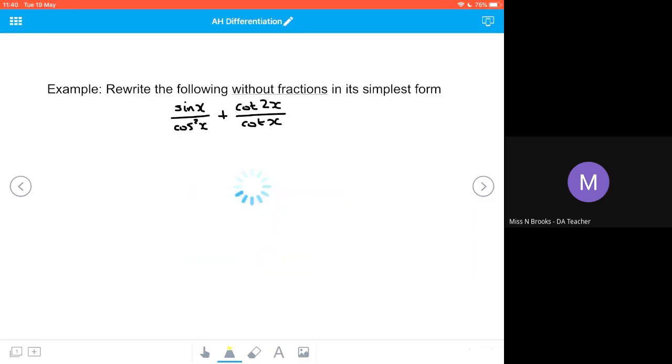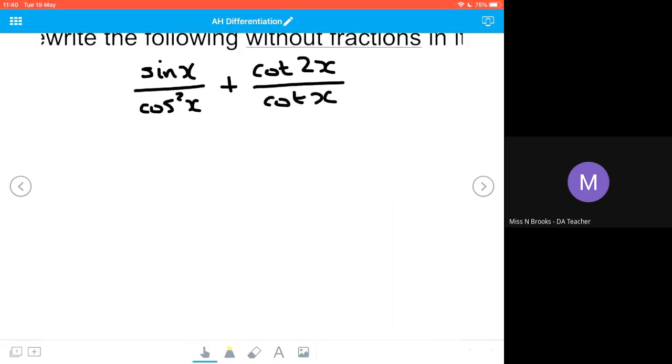So let's use our new reciprocal functions to help us rewrite the following without fractions in its simplest form. So we've got sine x over cos squared x plus cot 2x over cot x. Now, the first thing we want to do is try and extract our known trig functions.